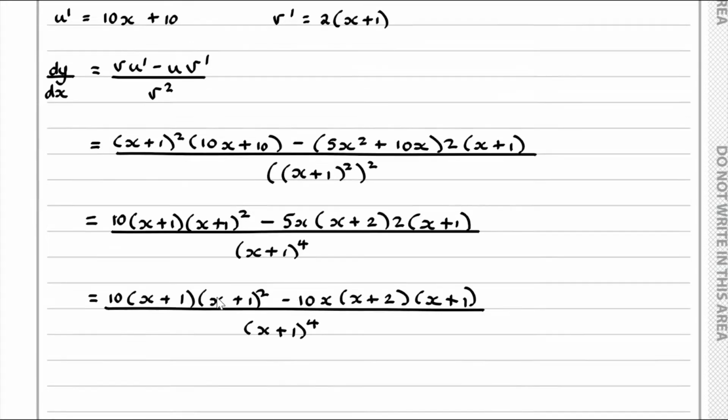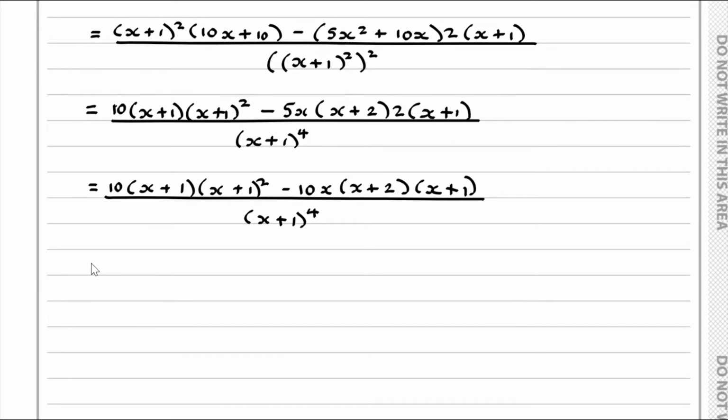So if we continue to tidy all this up, hopefully you can see we have 10 lots of x plus 1 as a common factor, and inside this big bracket we have x plus 1 all squared minus x lots of x plus 2, close big bracket.